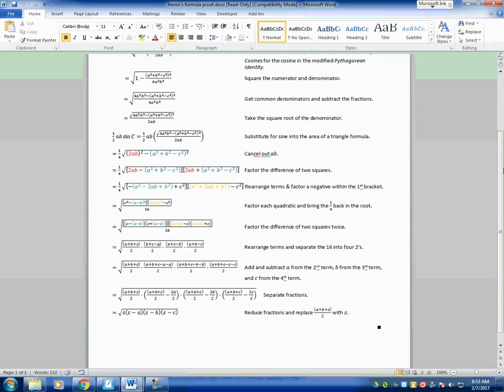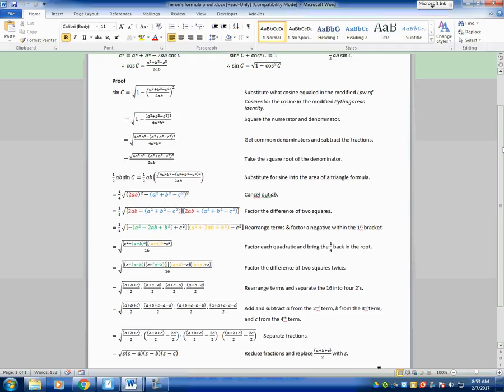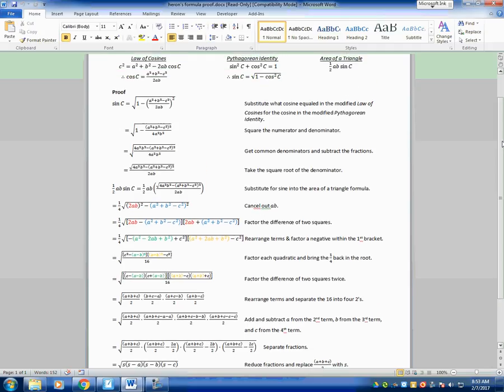So, lots of algebra with substitution of trig identities. That's kind of the theme in terms of coming up with these formulas, is you take some trig identities, you do a little bit of algebra, or a lot of algebra, and come up with your formula.